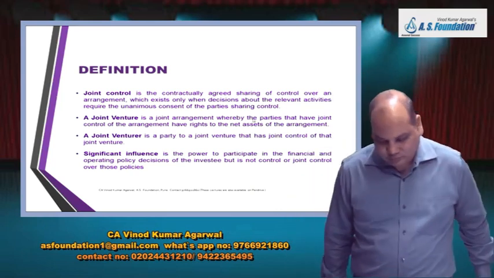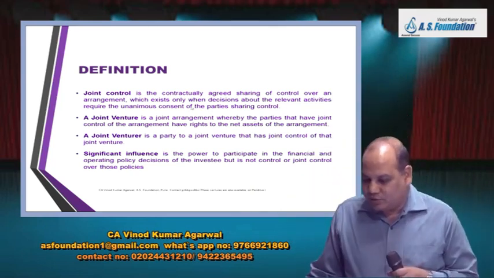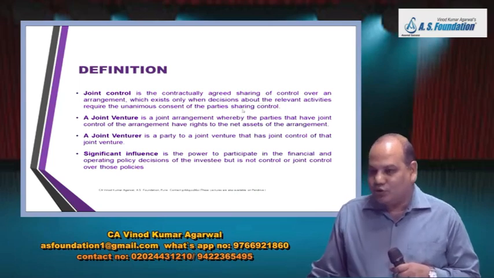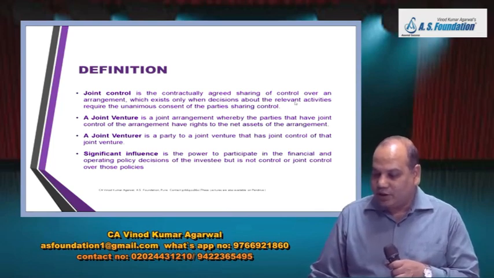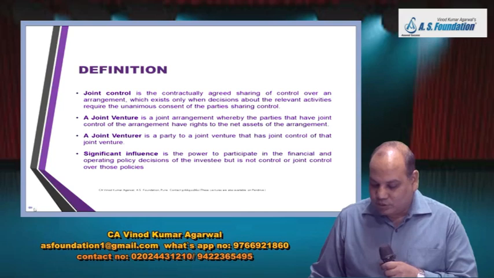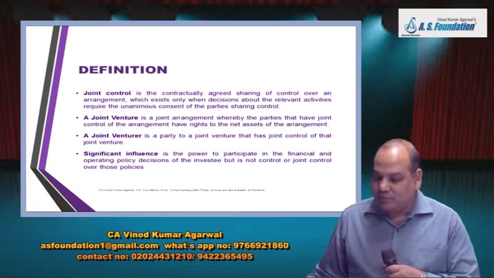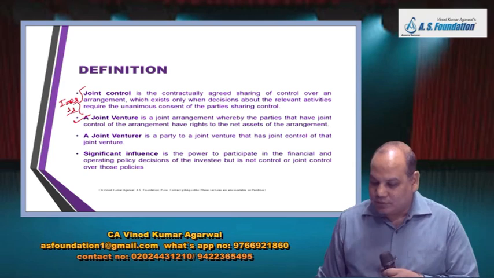Okay. So that means there must be two or more parties. They must share joint control, and the decisions relating to relevant activities require unanimous consent. More about joint control, please revise your which standard? IFRS 11. And what is joint venture?